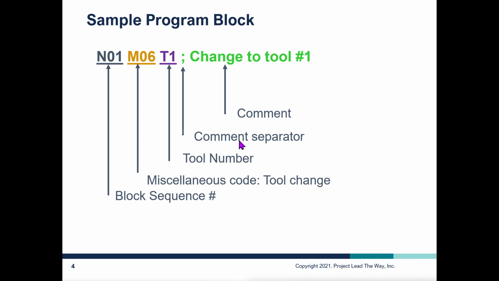And then the semicolon is our comment separator, and that lets us put a comment as to what it is. The more you comment your code, the easier it will be to troubleshoot your code later on.